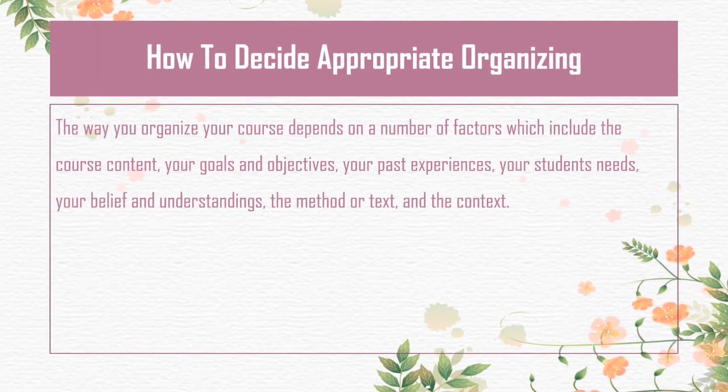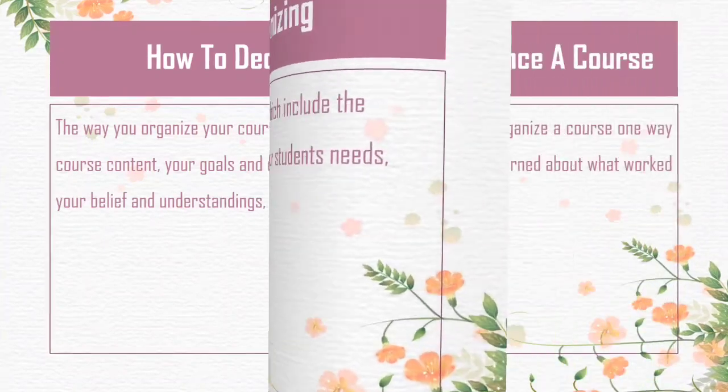How to decide appropriate organizing? The way you organize your course depends on a number of factors, which include the course content, your goals and objectives, your past experience, your students' needs, your beliefs and understanding, the method or text, and the context.